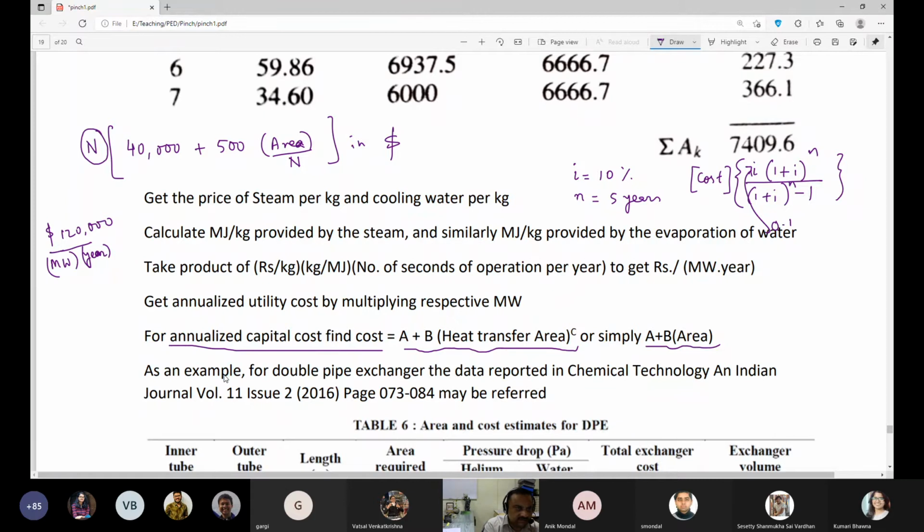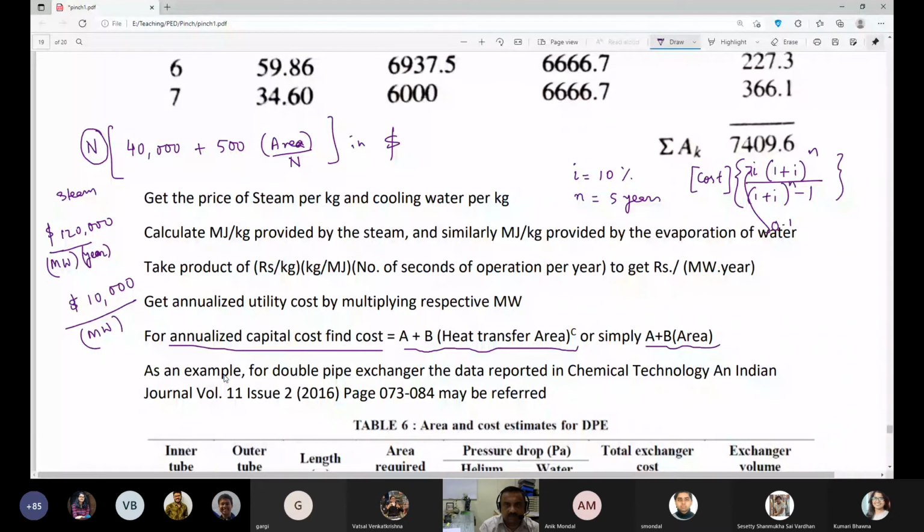That is for the steam, and for the cooling water it is almost 1/10 of the steam's cost. So it would be 10,000 dollars per MW per year. So this is the unit.